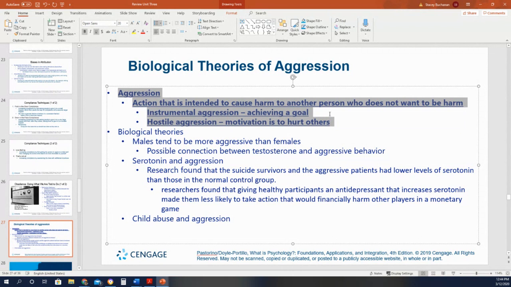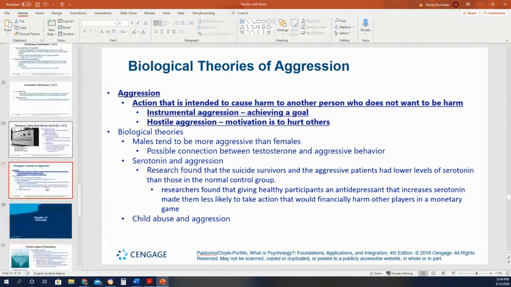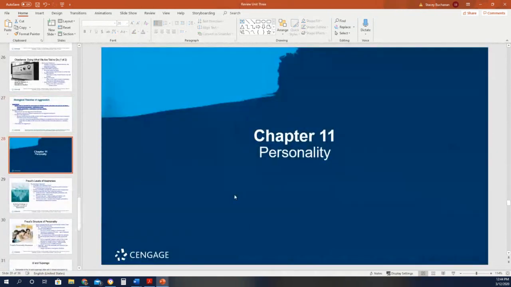We'll see. So let's go on to chapter 11. I know for tomorrow you'll be reviewing chapter 11 and going through it by yourselves, so I'm not going to give you super in-depth detail. I'm just going to hit on a couple of things that I really want you to know that I feel are a little bit more difficult to understand.